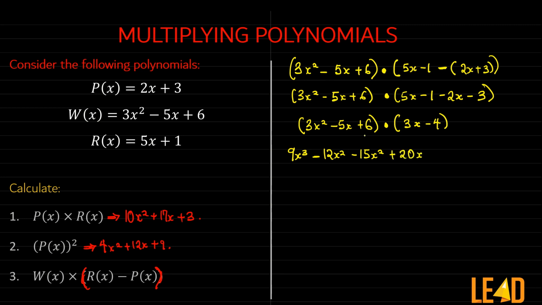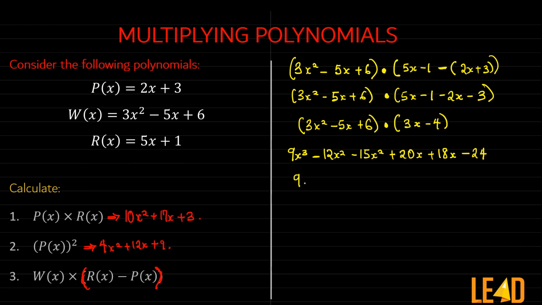Finally, the plus 6. 6 times 3x is plus 18x. And then 6 times minus 4 would be minus 24. Let's sum up our answers now.